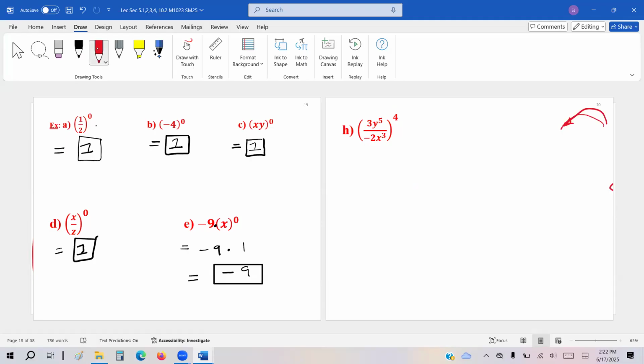Let me get a new page. Let me know when you're done with the last one. I have to flip page twice. Are you guys done with the left page?